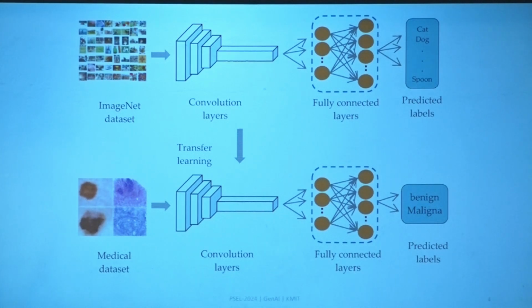So a convolution model which has been trained on this ImageNet data set has performed the prediction of 1000 class labels. This convolution architecture can be used by transfer learning. Look here, this is divided into two parts: one is the convolution layer part and the second is the fully connected layer part.